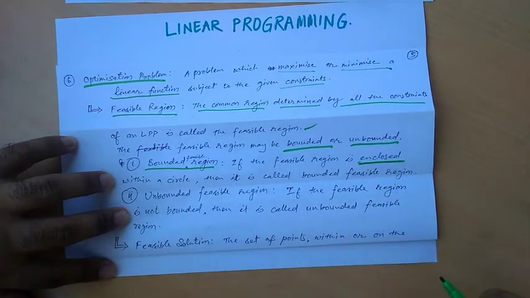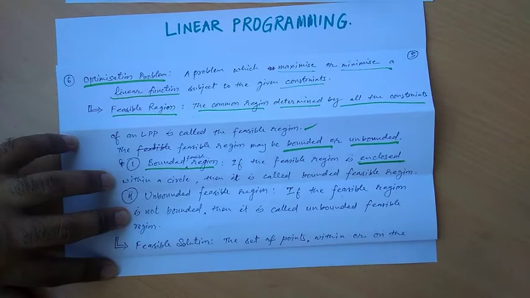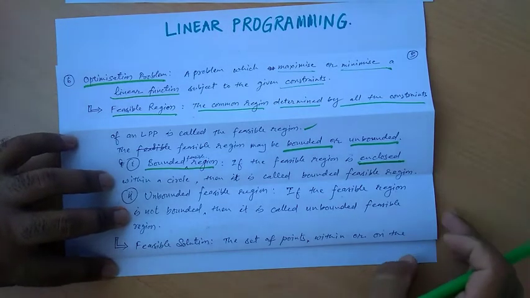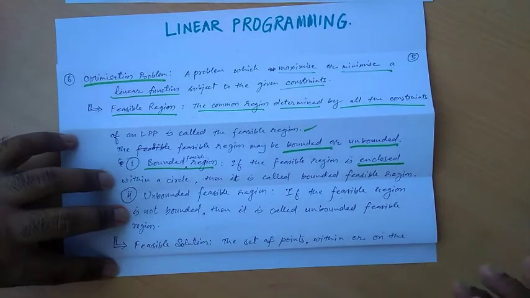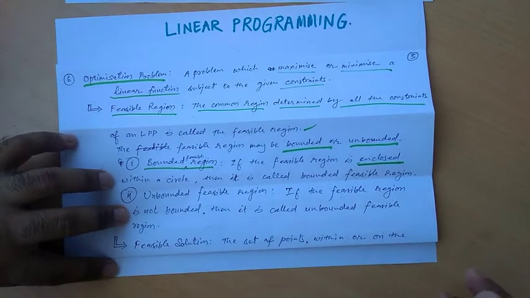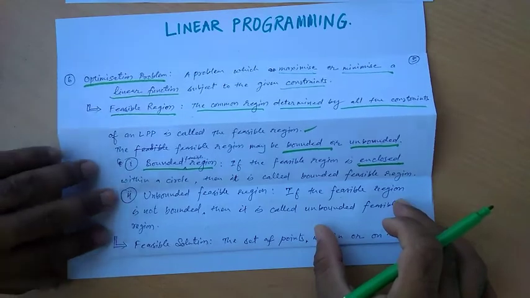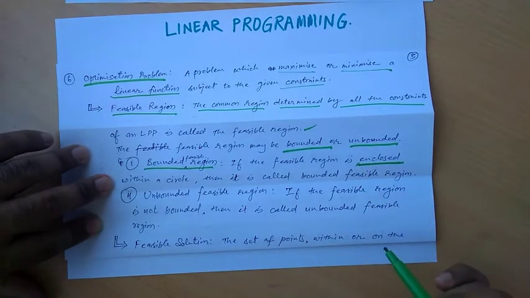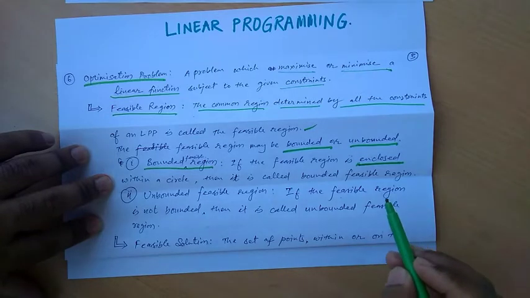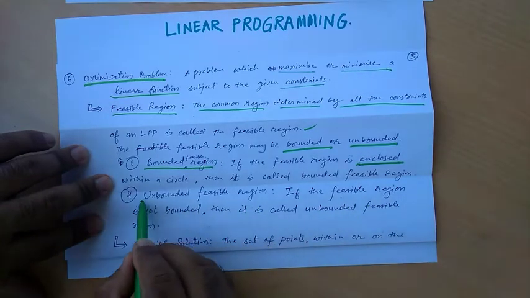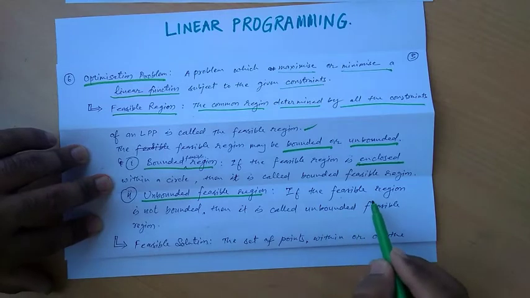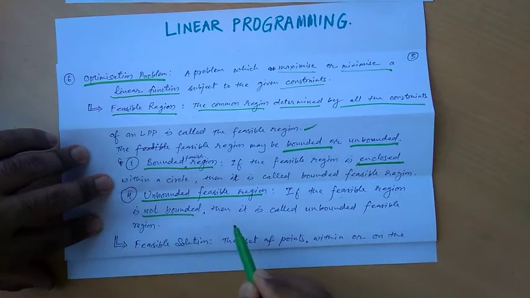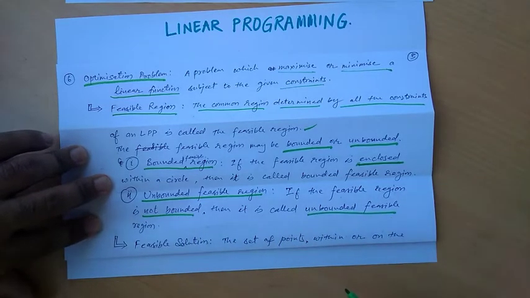This is a very important thing, whether it is a circle or any other geometric shape, like a rectangle or a square, anything is possible. It means you get an enclosed figure, and that is a bounded region. An unbounded feasible region: if the feasible region is not bounded, then it is called an unbounded feasible region.